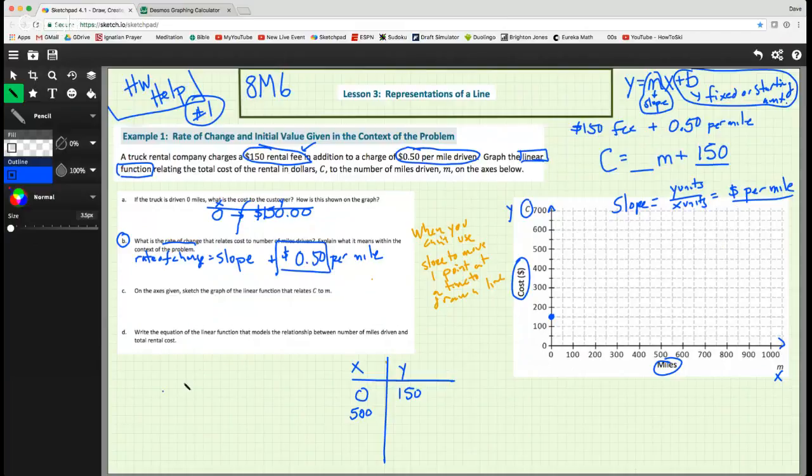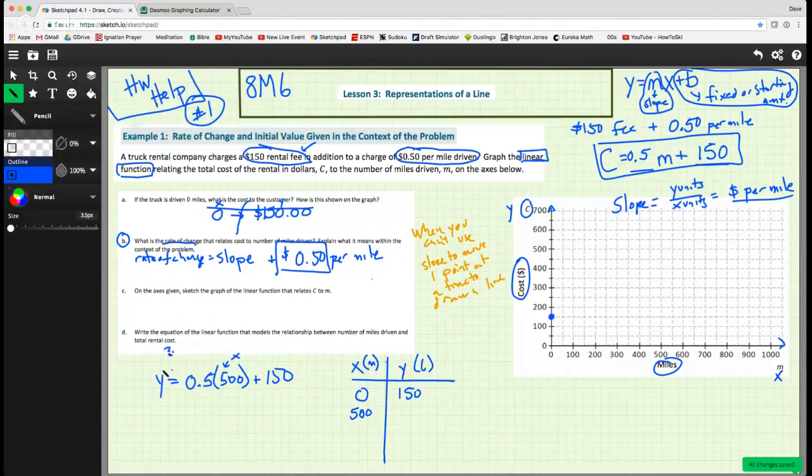Okay. So let's look at our slope. Remember, our slope is 0.5. So here's our function. So we say our y, or our cost. So y and cost are the same thing. So we say y is equal to 0.5 times x, which is 500, plus 150. So when x is 500, we're trying to figure out what is y.